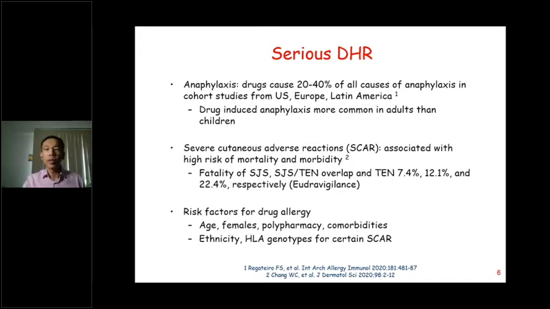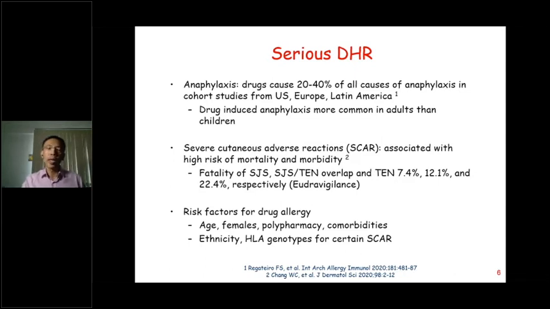In terms of the severe cutaneous adverse reactions, the reactions which fall into this category mainly comprise Stevens-Johnson syndrome, toxic epidermal necrolysis, and drug rash with eosinophilia and systemic symptoms. But of course, SJS and TEN tend to be highlighted a little bit more in the literature, because these are associated with a very high risk of mortality and morbidity.